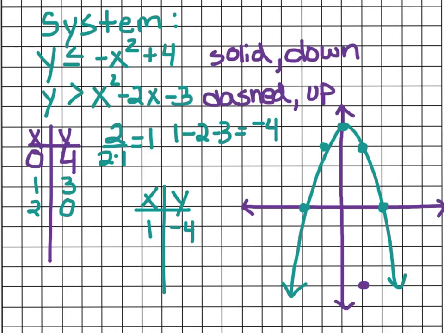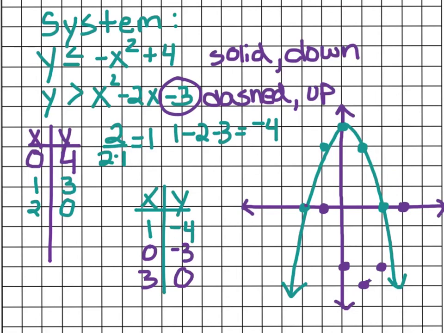If I plugged in a 0, I could look and see my y-intercept is negative 3, and then mirror that across here. If I plugged in a 3, then 3 squared is 9. 9 minus 2 times 3, so 9 minus 6 is 3, and 3 minus 3 is 0. So I have a point at 3, 0, and I have a point at negative 1, 0.